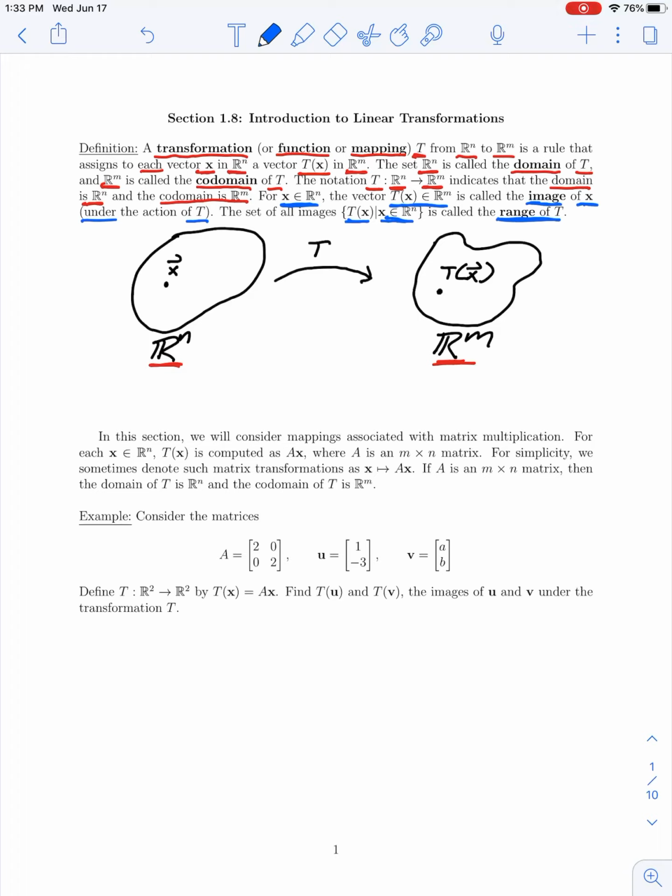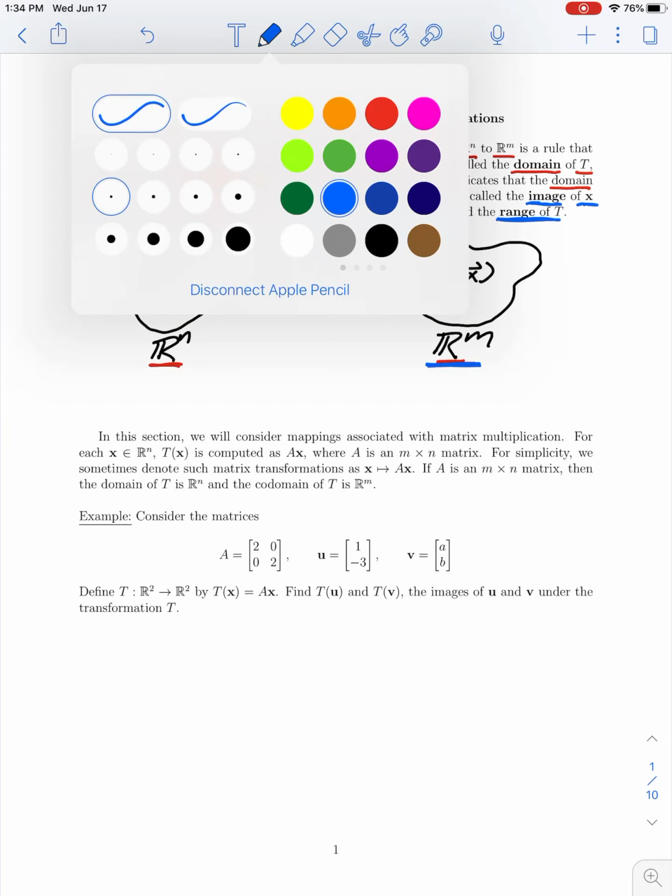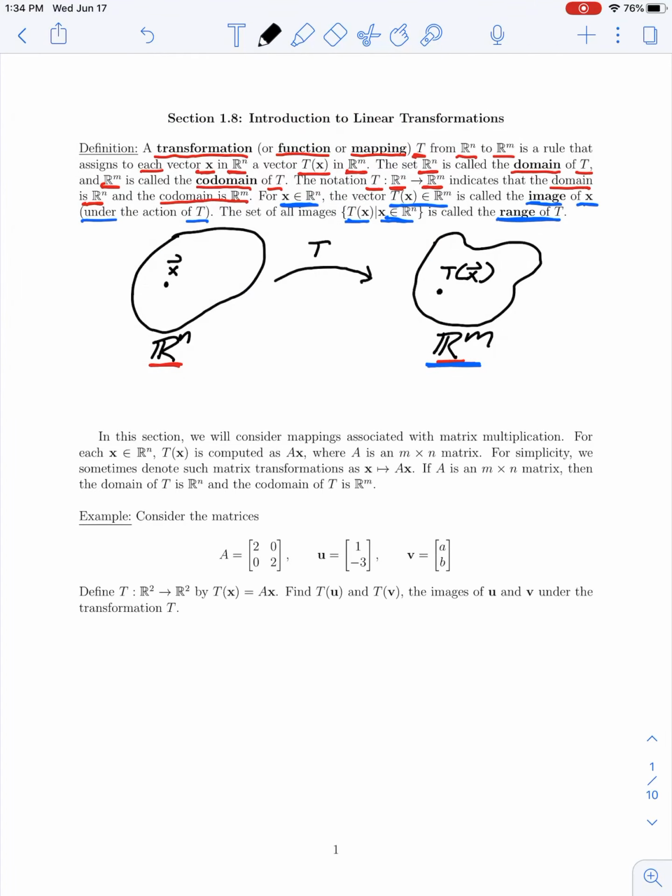Well, the codomain here is the entire space Rm, and the range is just going to be some subset of Rm. So my codomain, Rm, could be visualized as this rectangle.